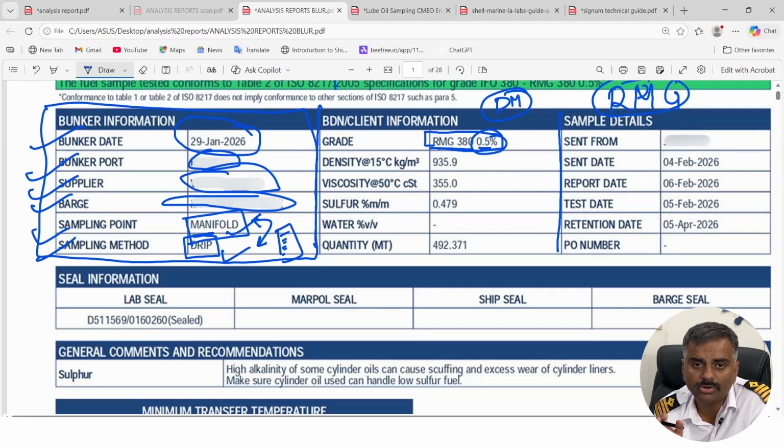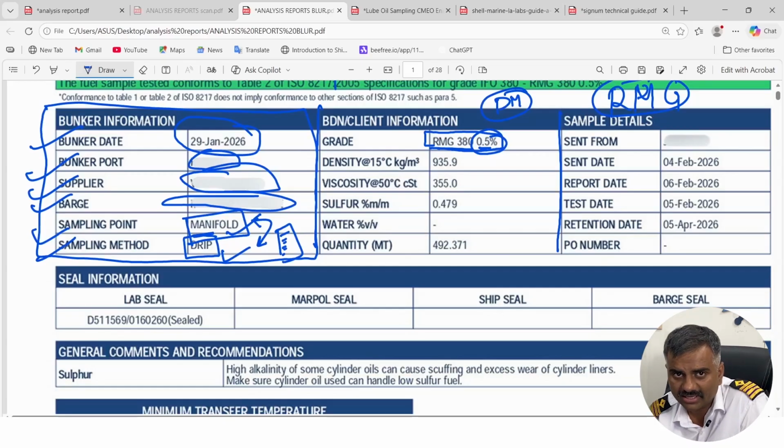A copy of the BDN is always sent with the bunker analysis, right? The fuel testing company will always have, apart from the bottle, a sheet where you will fill in the information, such as seal number, date and all, and then you will send it along with the BDN. A copy of the BDN goes with the bunker test bottle.